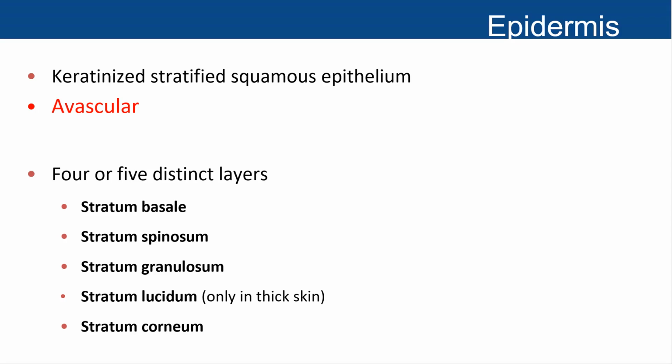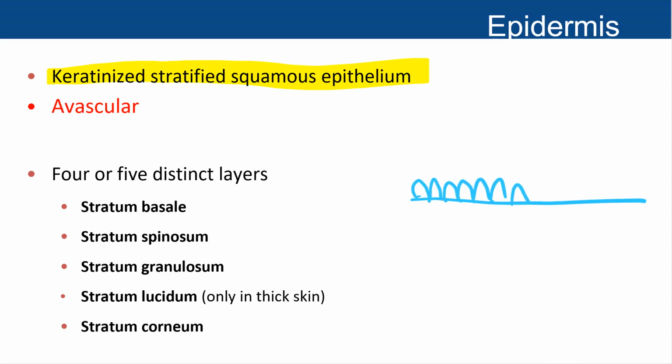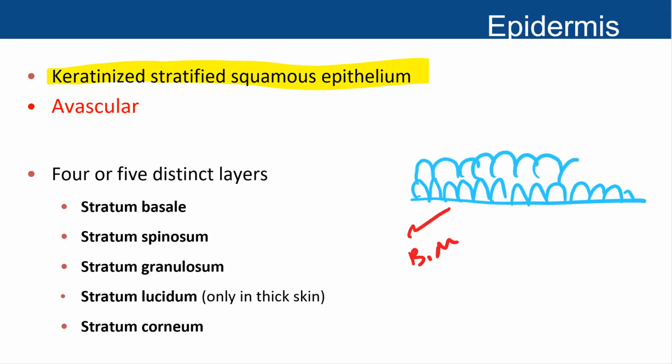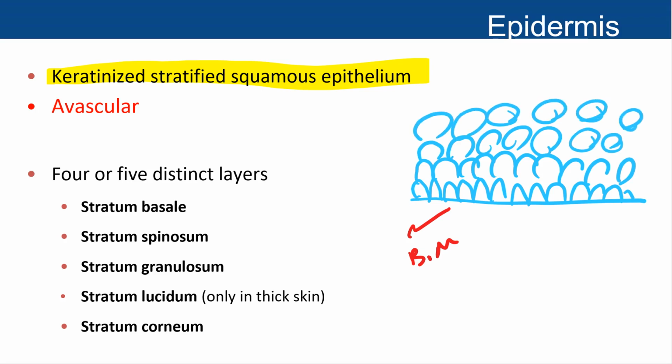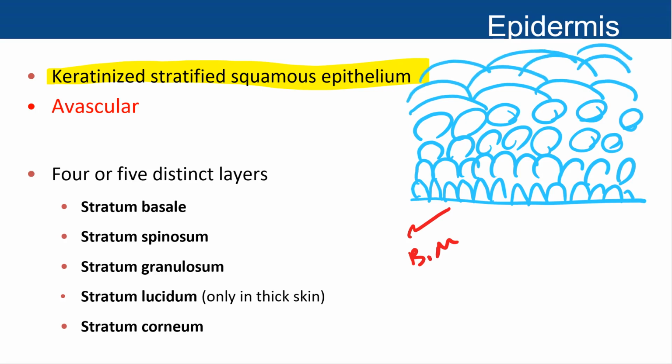Let's look at the epidermis a little bit in detail. The epidermis is the topmost layer of the skin, which is a keratinized, stratified squamous epithelium. It means there are different layers of epithelial cells on top of the basement membrane. So there are a lot of layers on top of the basement membrane, and in the surface layer we have flattened or squamous epithelial cells, and in the top layer we have keratin.